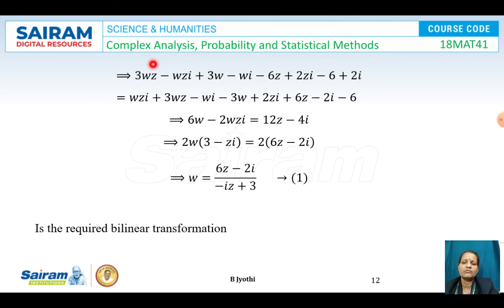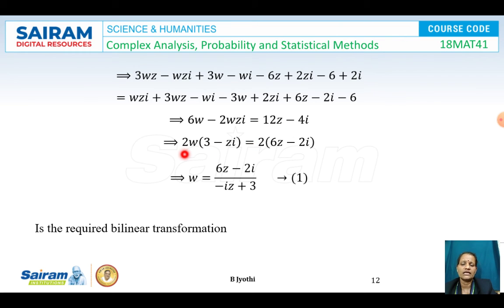We get 3WZ - WZi + 3W - Wi - 6Z + 2Zi - 6 + 2i, or again, simplifying further, WZi + 3WZ - Wi + 3W + 2Zi + 6Z - 2i - 6. This implies, by taking only the W terms to the left hand side and the remaining Z terms to the right hand side, we get 6W - 2WZi = 12Z - 4i.